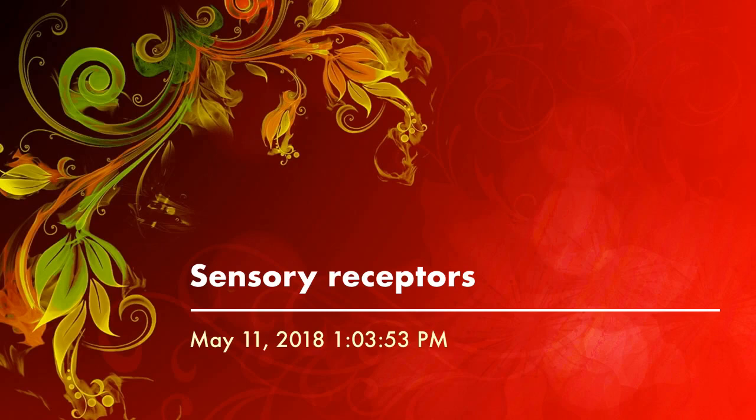So if we compare them, how many neurons does each take? 3. It takes 3 neurons. Where do they cross over? In the spinothalamic, the crossover... or where's the first synapse?